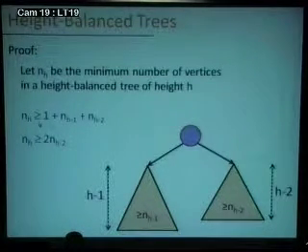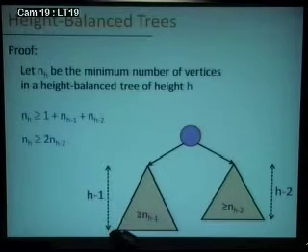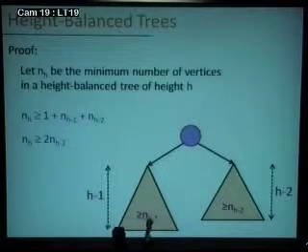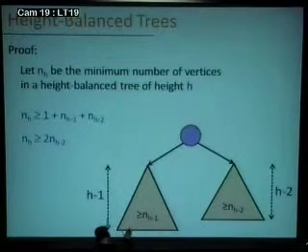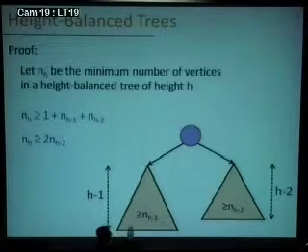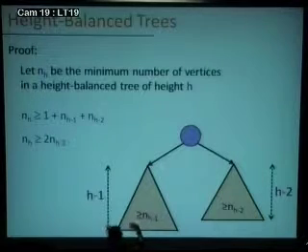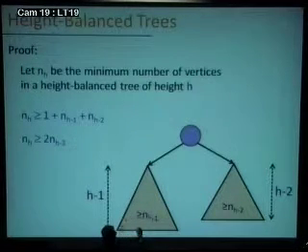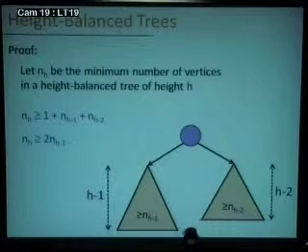Got it? I repeat. n h minus 2, you can suppose you have a tree that ends here, but have one node extended on my left side, so that the height becomes h minus 1. You can imagine this triangle as this one plus one extra node.